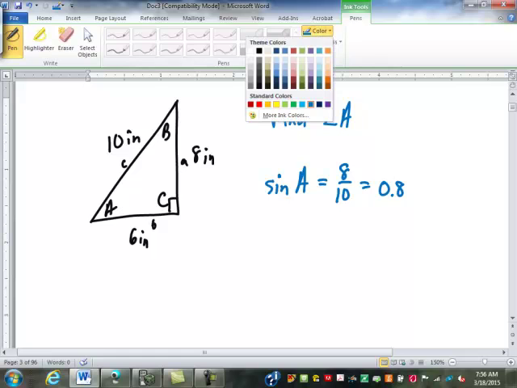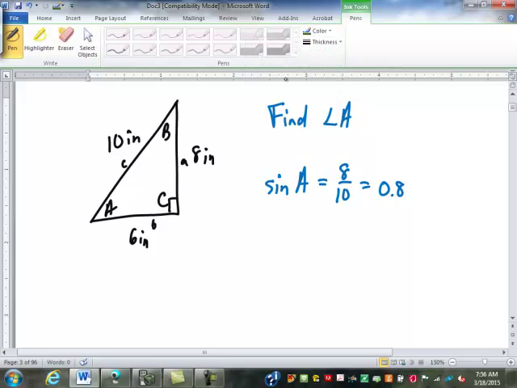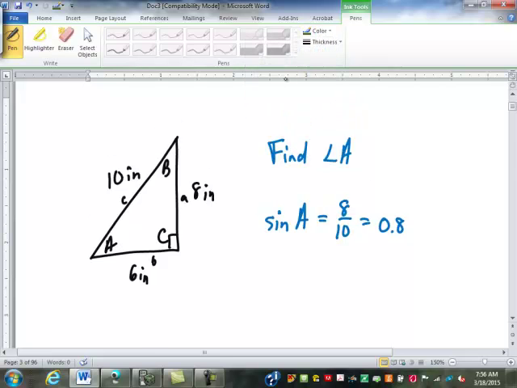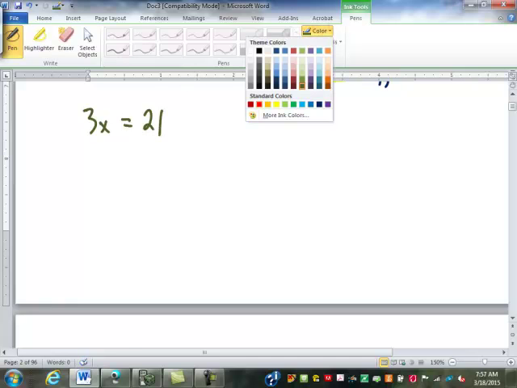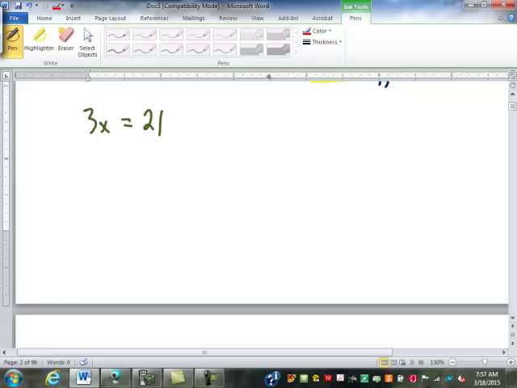We spent quite a bit of time first semester solving equations. If we had 3x equals 21, how did we solve that equation? What we did is we looked at the equation and asked ourselves, what's done to the variable to build this equation? It was built by multiplying x by 3.